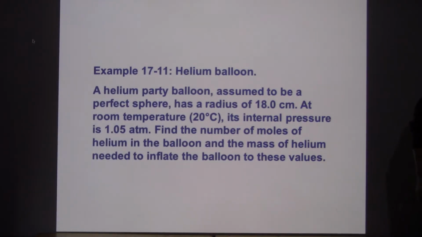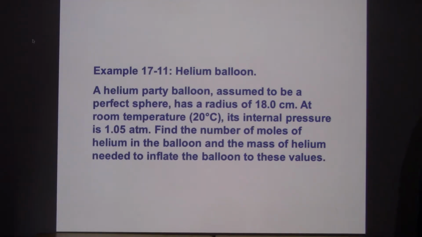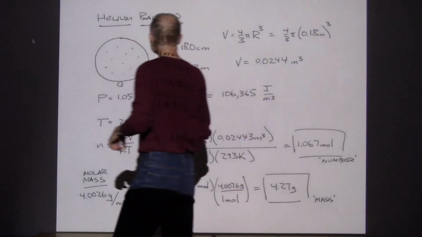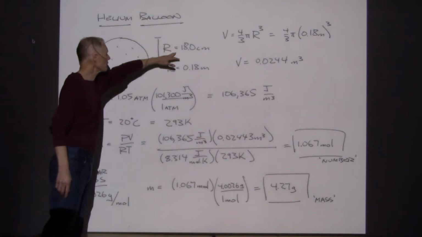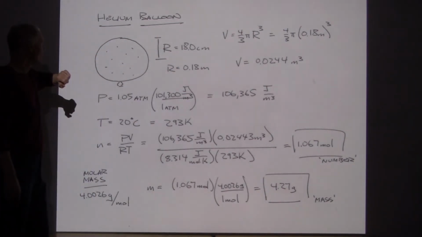Now, here we are moving on to another example. 1711, we've got a helium balloon. I'm going to go ahead and move on to my notes here. So there's a helium balloon. It has a diameter of 36 centimeters, so I divided that by 2 to get the radius.